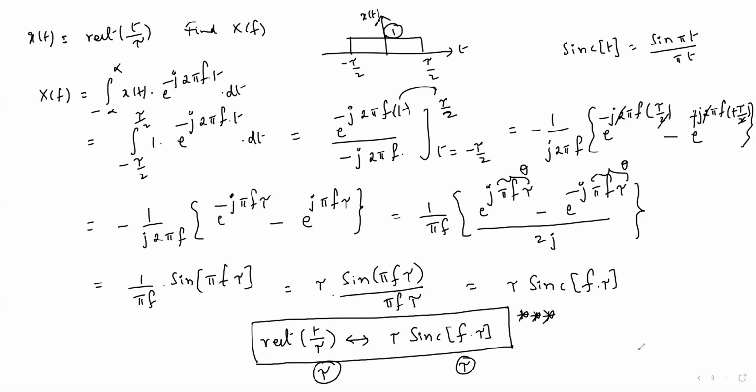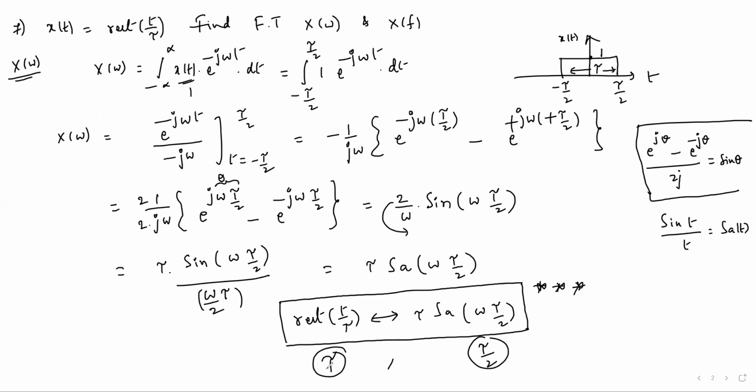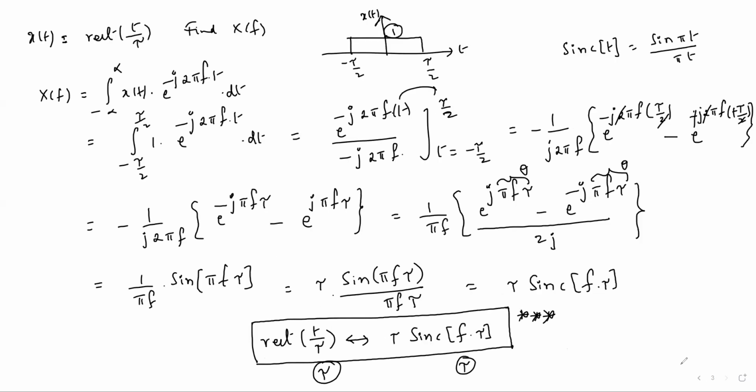Whereas in X of omega, if you observe, tau in time domain, tau by 2 in frequency domain. Note the difference. You must learn by heart both Fourier transform pairs, both are useful, especially in sampling theorem. I'll reuse these Fourier transform pairs repeatedly. I hope all of you noted this.